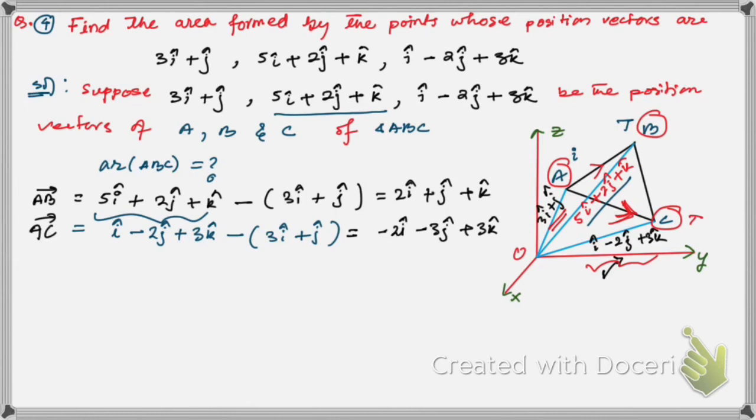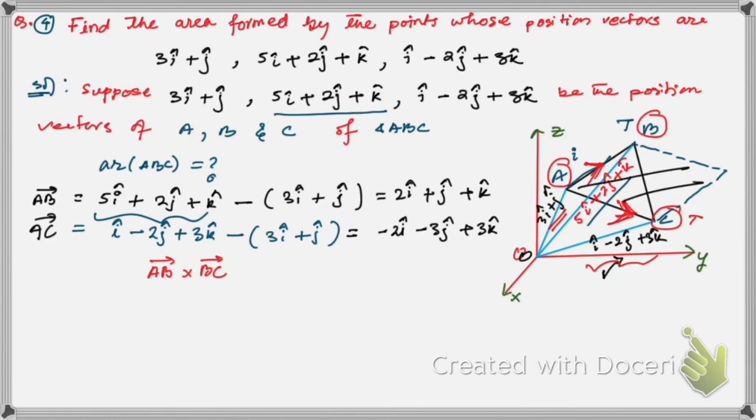These are the two vectors which represent the adjacent sides of triangle ABC. If you find a cross b, its magnitude will give you the area of this parallelogram. You can see this if you consider the two vectors AB and AC as the adjacent sides of this parallelogram.